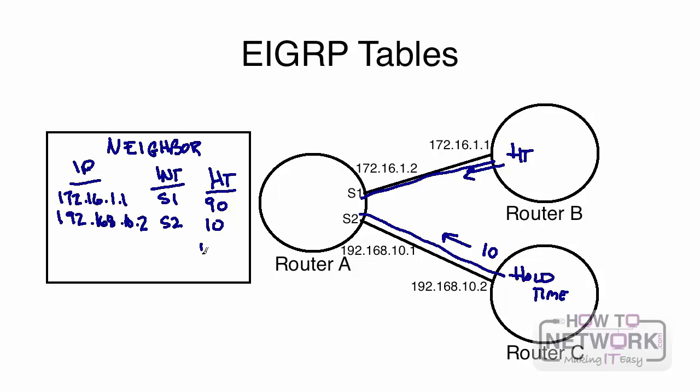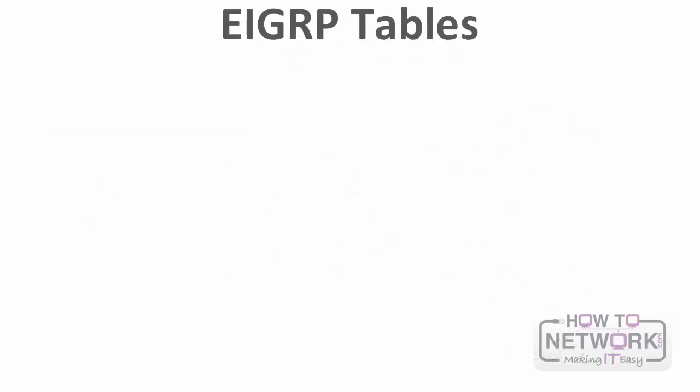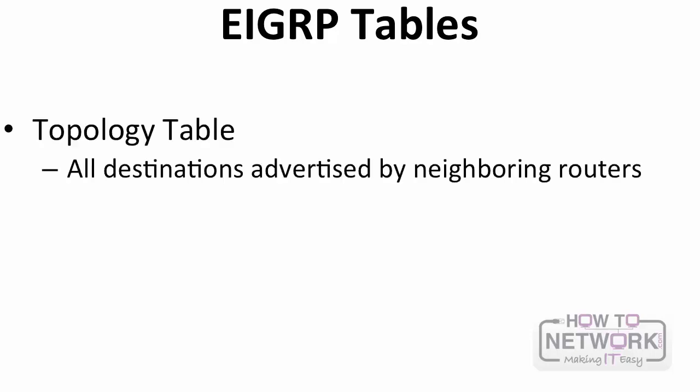But on a high-level overview of EIGRP, you need to know about the IP, the interface, and the hold time counter. And just remember, hold time defaults are 180 seconds for low bandwidth links and 15 seconds for T1 or higher. So that'll come up again and again, and you'll probably be asked about that as well. But there are other EIGRP tables that you should also be aware of.